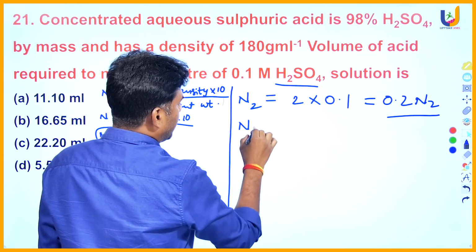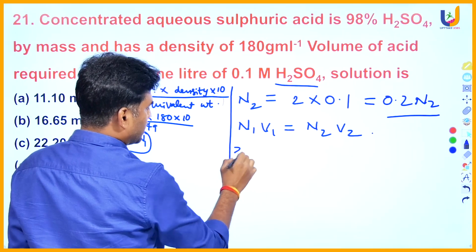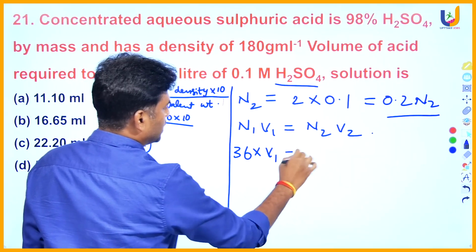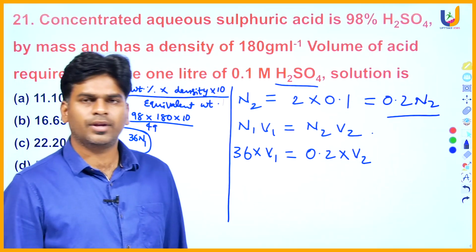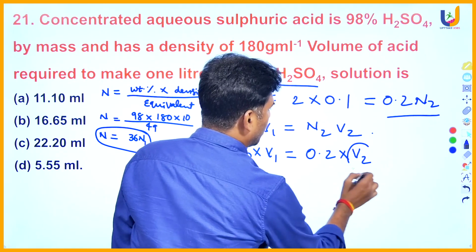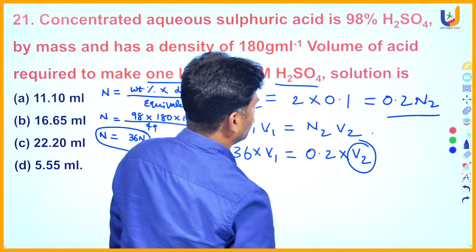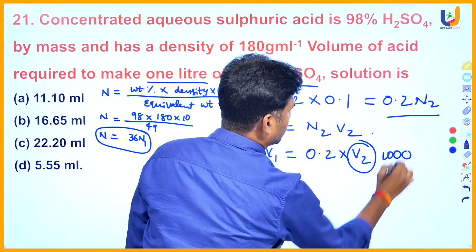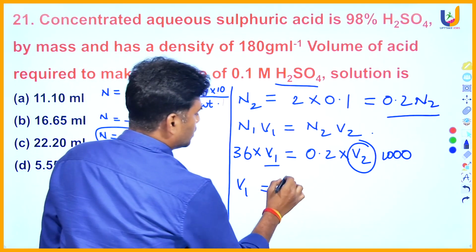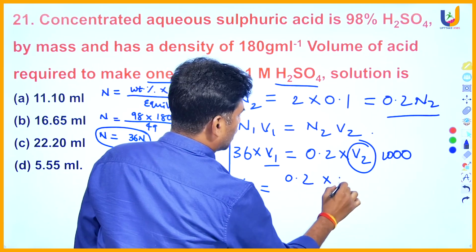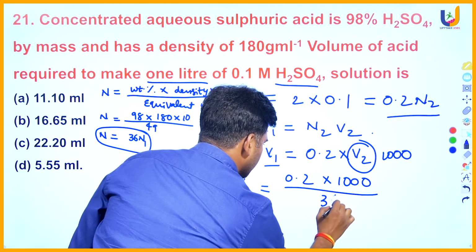The overall formula is N1 V1 equals N2 V2. N1 is 36 into V1 equals N2, which is 0.2, into V2. And here we have the V2 value also, right? Because 1 liter, V2 means 1000 ml, we can substitute here. From that, how to find V1? V1 is equal to 0.2 into 1000 by 36.